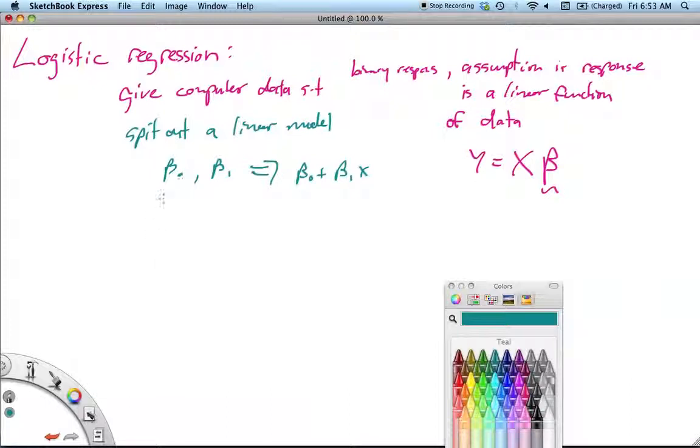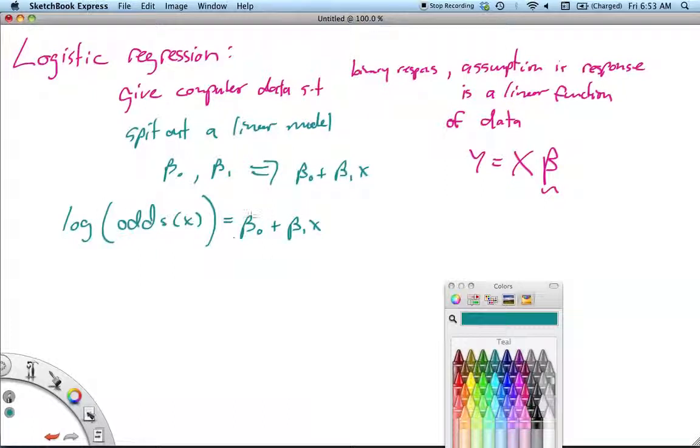Instead, what it's going to do is give you the log of the odds of x.